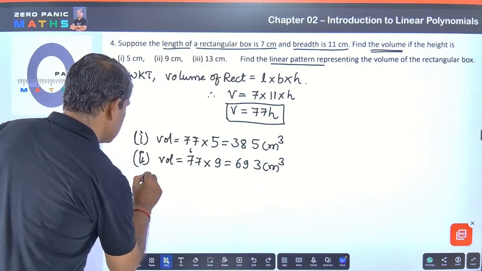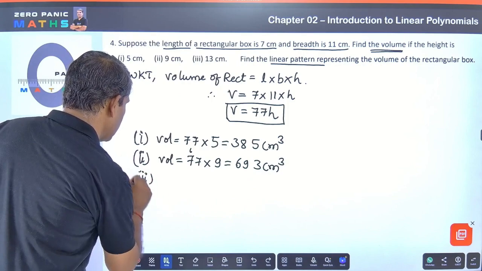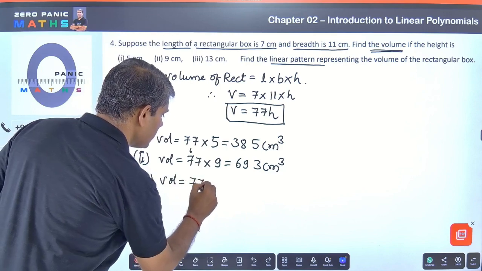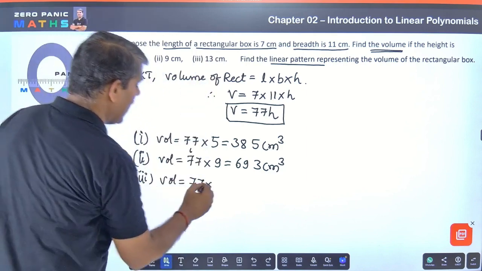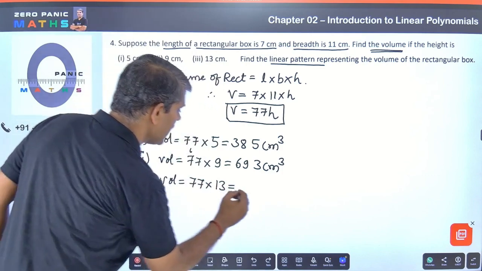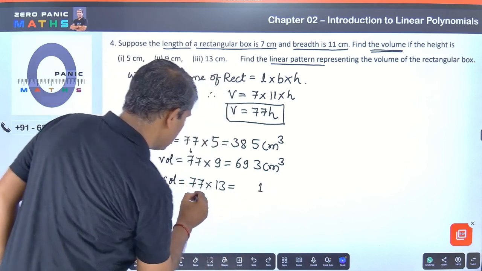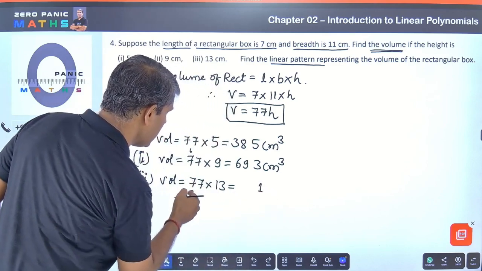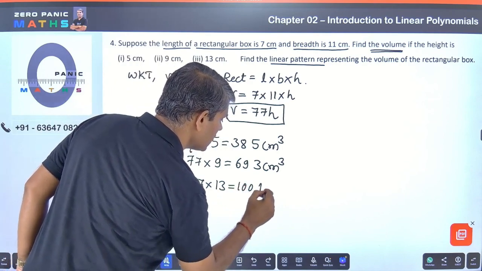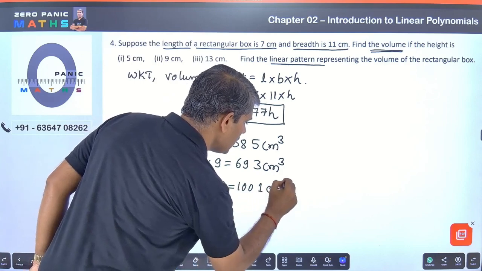For the third problem, volume is equal to 77 times the height, that is 13. 13 sevens are 91, 9 carry here, 13 sevens are 91 plus 9, that is 100. So 1001 centimeter cube.